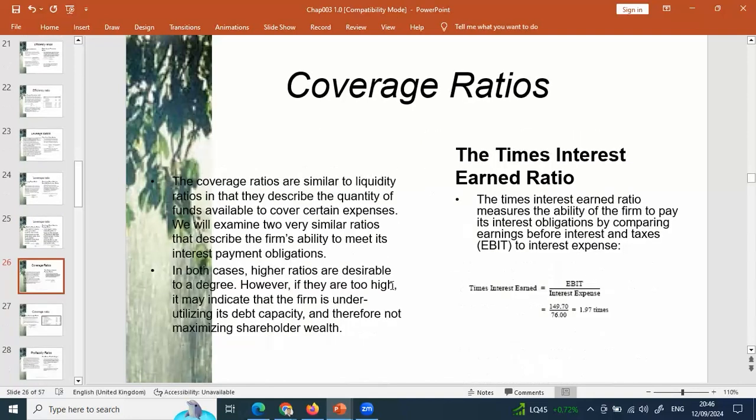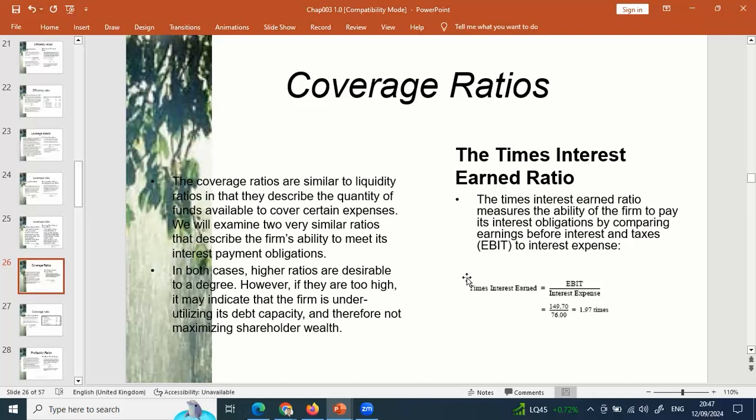Okay, and then the coverage ratio, times interest earned, is earnings before interest and taxes divided by interest expense. This one measures the ability of the firm to pay its interest obligation. When you borrow money, you need to pay interest, isn't it? Times interest earned means how many times you can pay the interest.